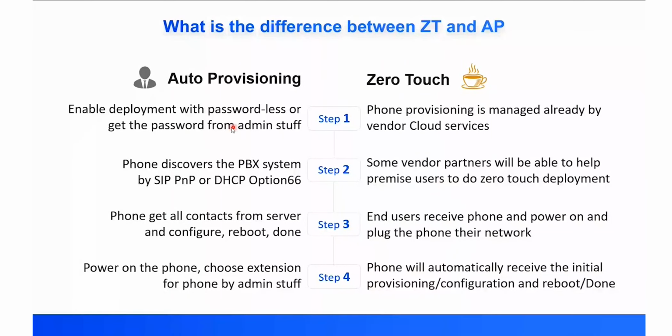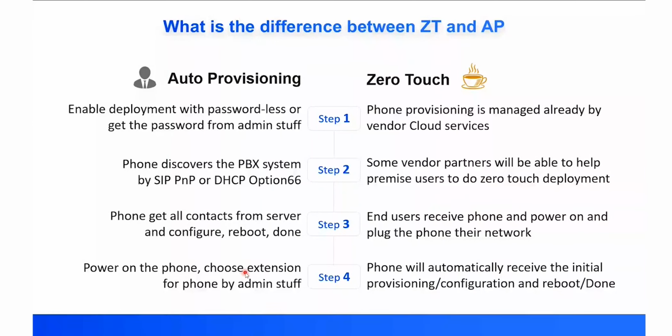If you use auto provisioning tools, staff have to deploy the phones, maybe without passing the user password yet, and the phone will discover the phone system by SIP PnP or DHCP. After that, the phone gets the configuration for everything, then reboots.